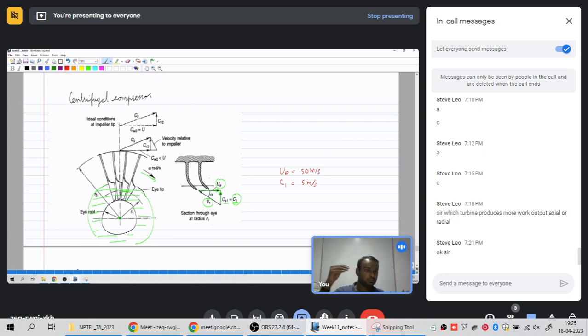The blade is moving at a very high speed, but the air coming in is at very low speed. So an observer on the blade will see that the air coming in is not axial anymore. It will come at an angle, and that is called V1, the relative velocity.